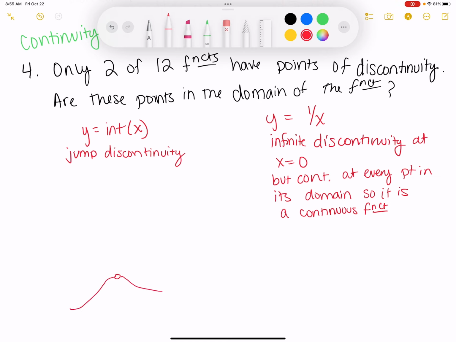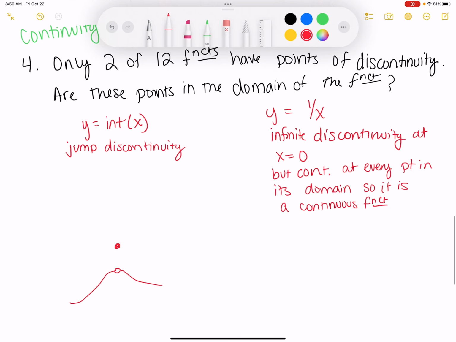If it's removable, it would be something like this. Okay, there's a spot missing in the function, but somewhere the function is equal to that value.